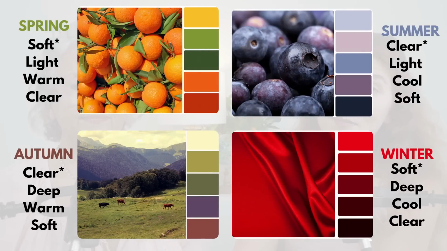And then keeping with the clear theme, we also get a clear autumn. And that goes for the same thing that we just talked about. But this person is warmer and deeper. Deeper, the most important thing. What delineates a spring from an autumn generally? Springs are generally lighter. Autumns are generally deeper.